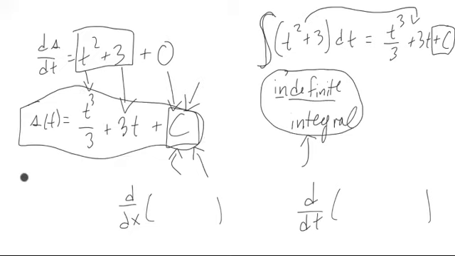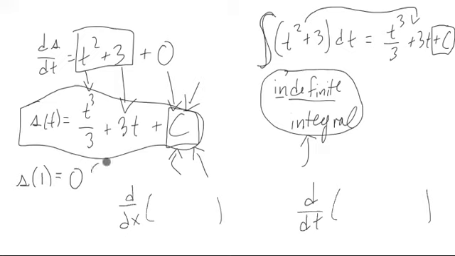Keep in mind, we don't particularly know which constant to put in until we have additional information. For instance, let's suppose we had the information that at time t equals 1, maybe this is seconds, 1 second, we knew that the position was simply 0, or right in the middle. So what does that mean?